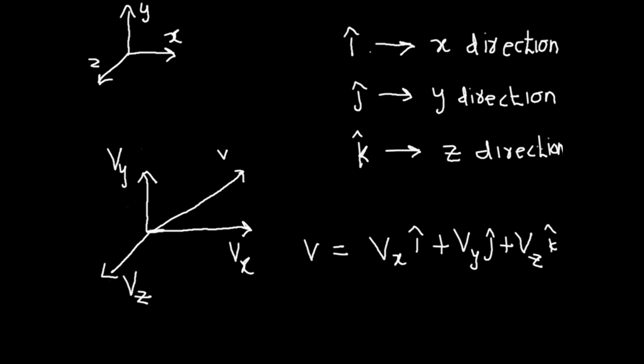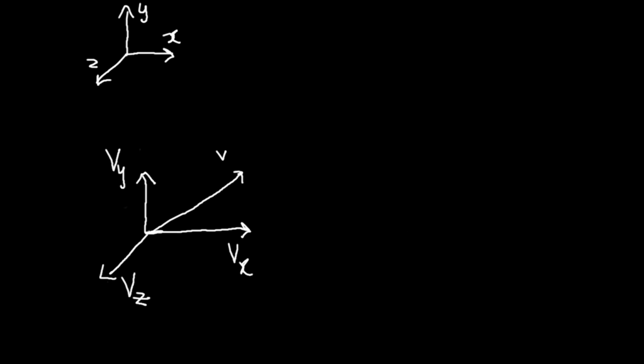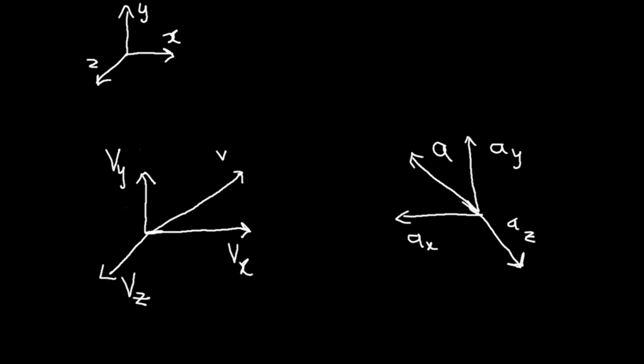Why do we need to represent it like this? I have the answer. I will show you. Let's consider that we take the vector v with its components, and we take another vector also, the vector a. My question is, how do we calculate vector v plus vector a?